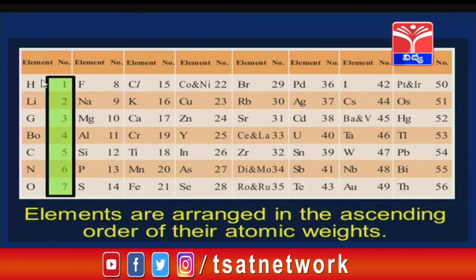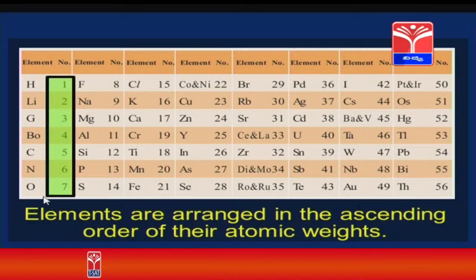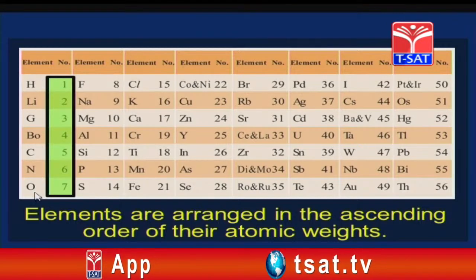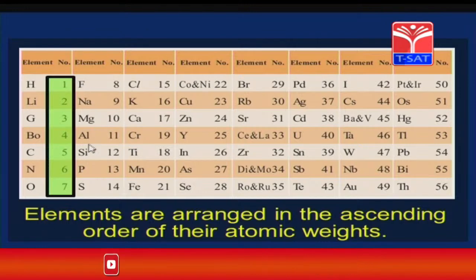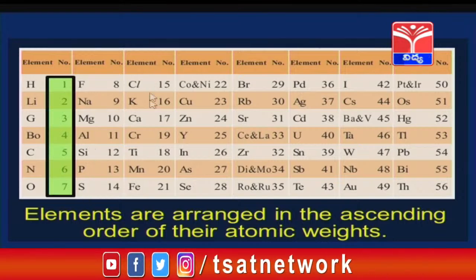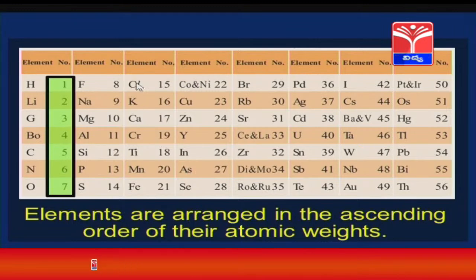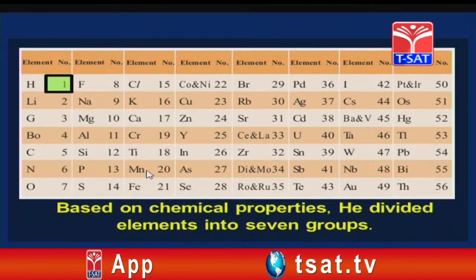The atomic weights in a group are also continuously increasing: hydrogen, lithium, carbon, nitrogen, oxygen, like that. Then fluorine, sodium, magnesium, aluminum, silicon, phosphorus, sulfur, like this. In every group we find that the atomic weight is in increasing, that is ascending, order. There are 7 groups in his periodic table.